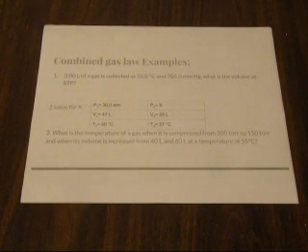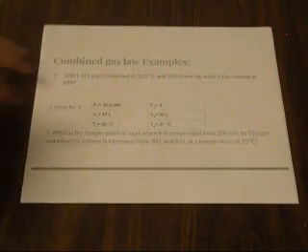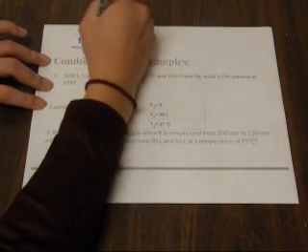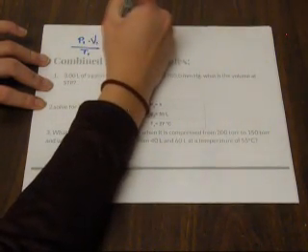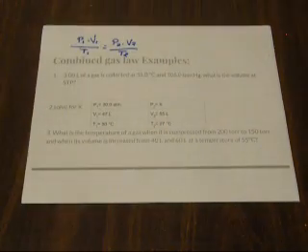So here are some examples. So let us write our equation up at the top: P1 times V1 over T1 equals P2 times V2 over T2.